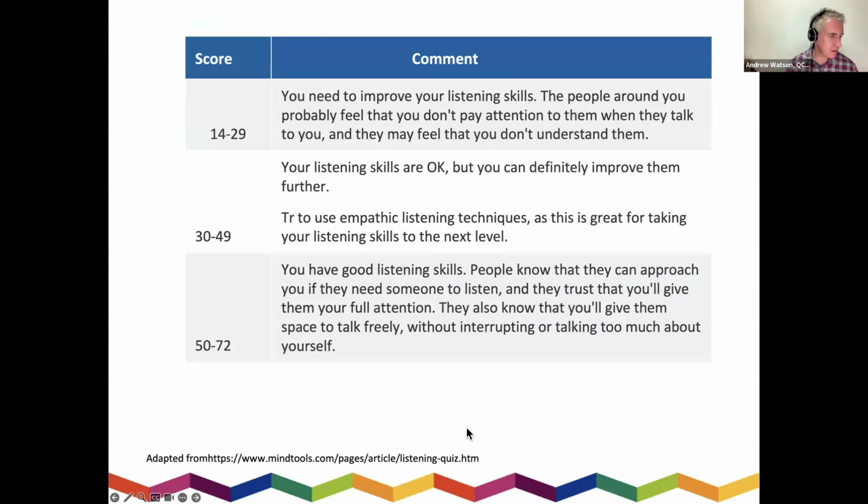So those are the scores. How did you feel about this assessment? Did it make you think about your skills as a listener? Certainly makes you think about how interactive listening actually is.